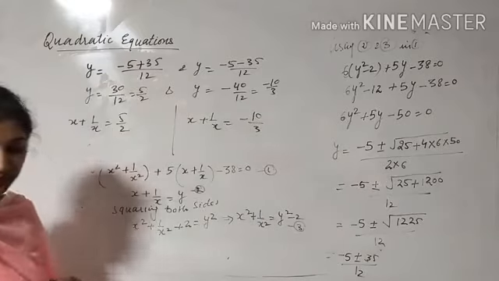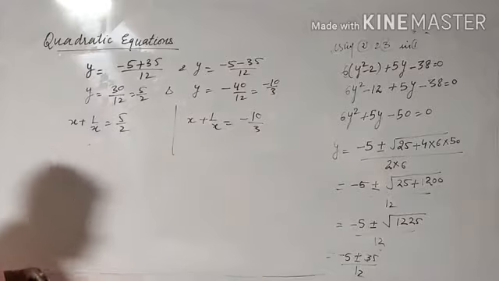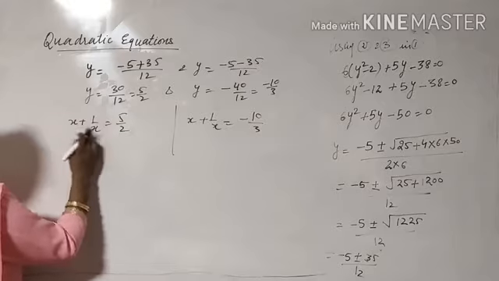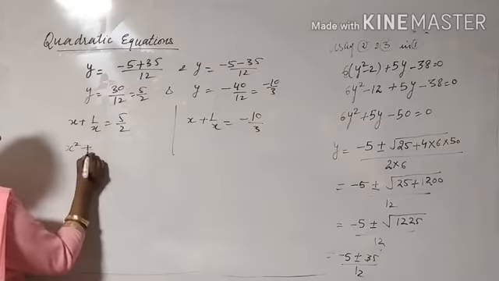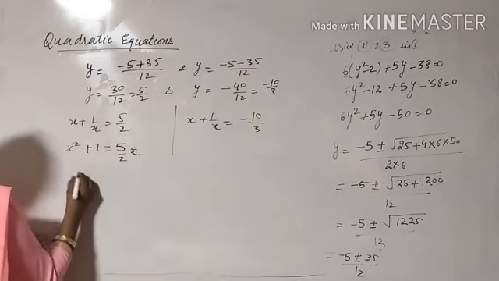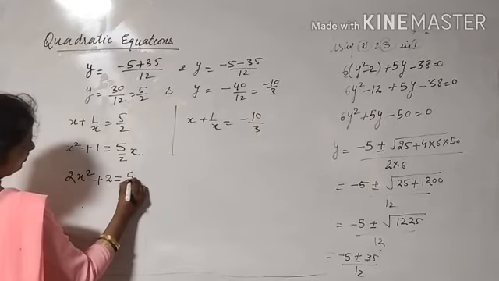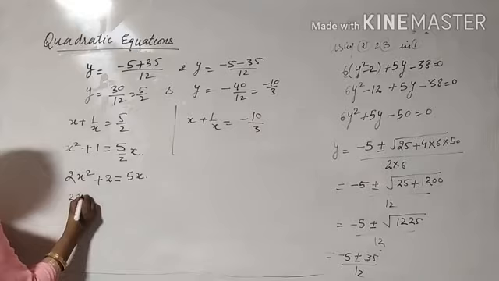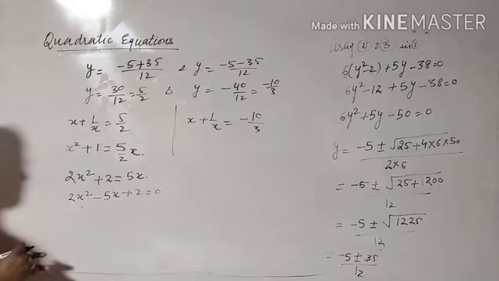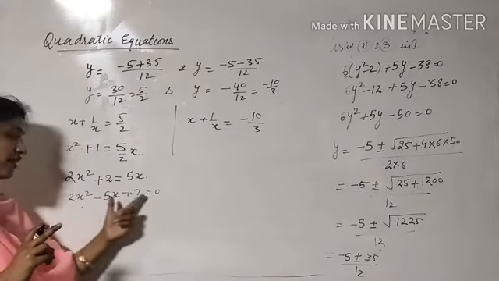Now when we put x plus 1 by x as 5 by 2, we'll get, cross multiply by taking the LCM, x square plus 1 is 5 by 2 x, or you get 2x square plus 2 is 5x, that is 2x square minus 5x plus 2 is equal to 0. We have to break this minus 5 into two parts such that their product is 4.